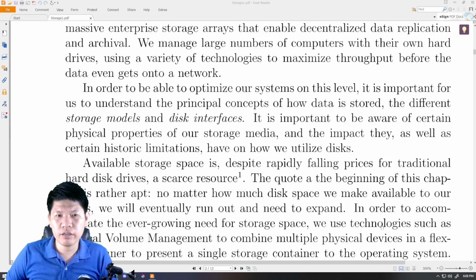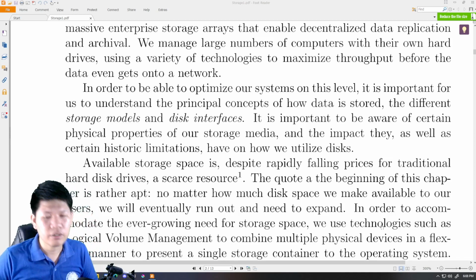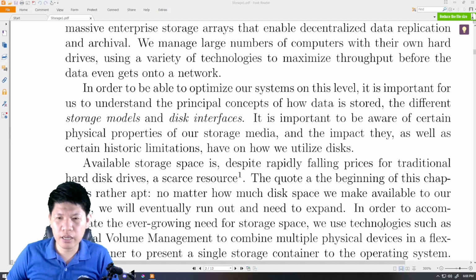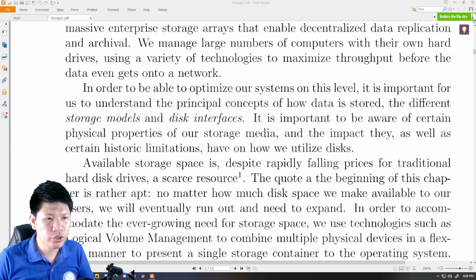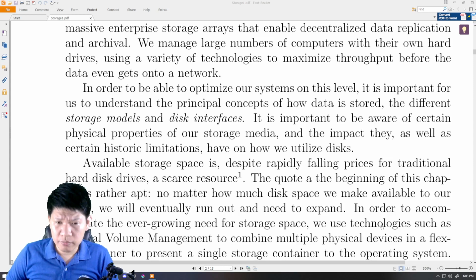Before, when I used my SSD, I had around 1 minute 40 seconds to 1 minute boot up time. But as of now, I think the longest boot up time I have is 40 seconds. It plays around 15 to 30 seconds. So, it's important to be aware of certain physical properties.